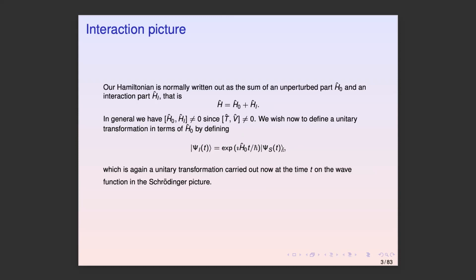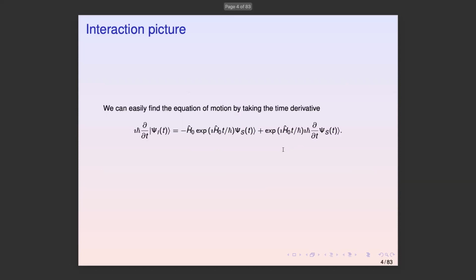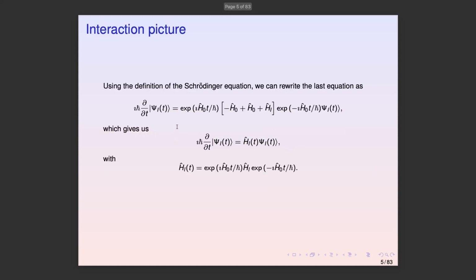When we did these manipulations, we could then find the equation of motion when we take the time derivative, and that led to an equation of motion which looks like this, where we have now redefined the Hamiltonian, so that the Hamiltonian has an explicit time dependence through these unitary operations.